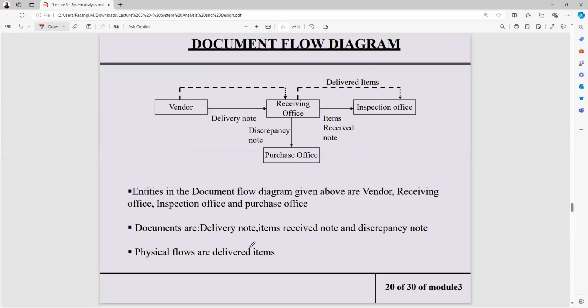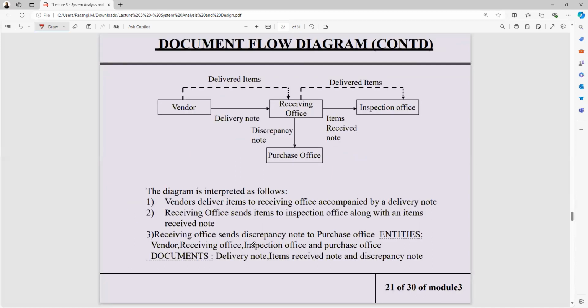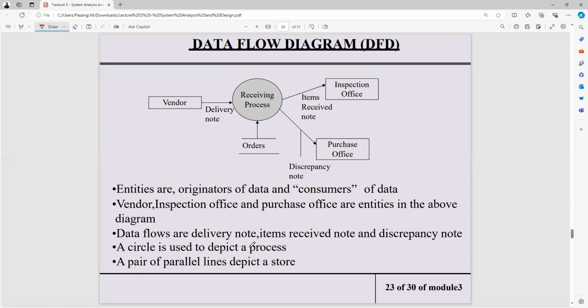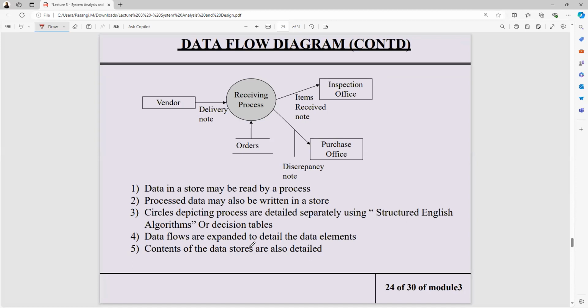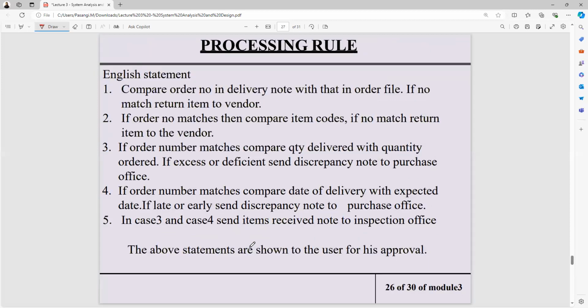representation? Then how to draw a document flow diagram, and how to convert this document flow diagram into a data flow diagram. What are the things we should include on this data flow diagram, how to draw it, and what are the symbols and what do they represent? How are we going to find the data elements in data flows and data stores, and what are the processing rules we need to follow according to this context?